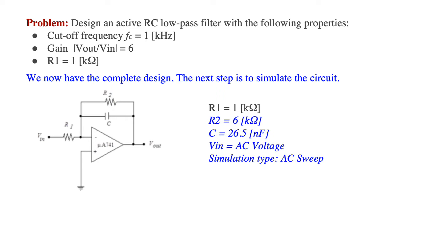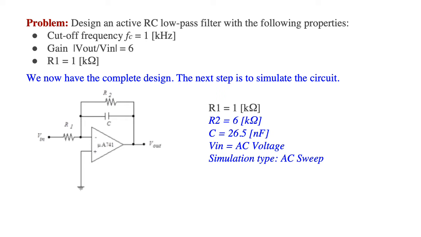We need to know that Vin must be an AC voltage, which makes sense because it's a filter circuit, which means it will filter out certain frequency range. So the input voltage must have some sort of a frequency value.